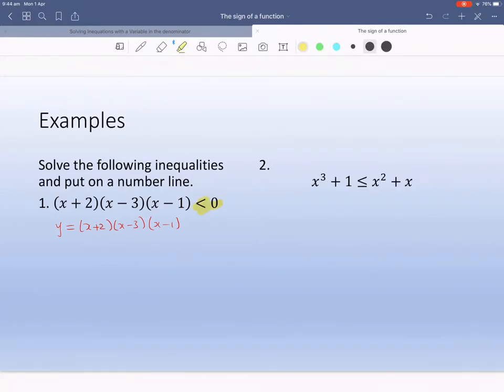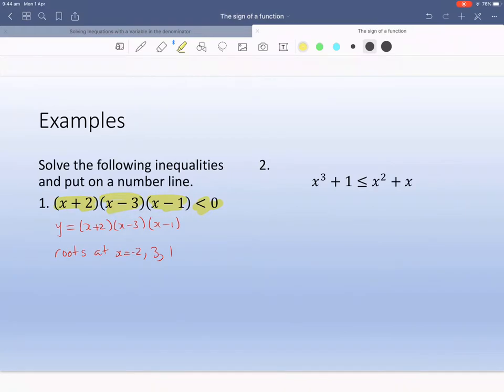So I know for a fact that this has roots at x equals -2, x equals 3, and x equals 1 from these factors. It's in factor form, so it's really easy to see.